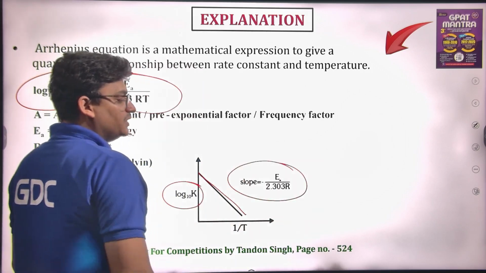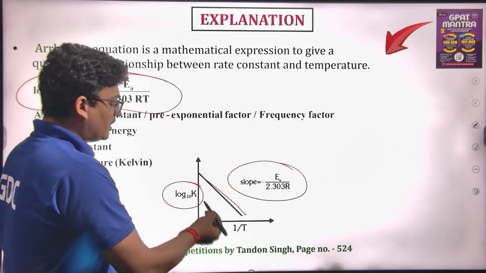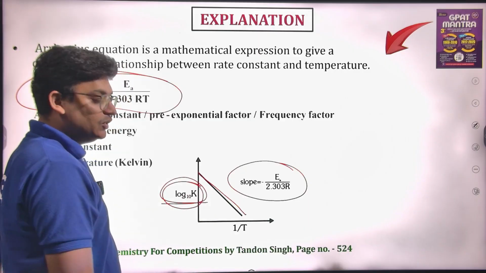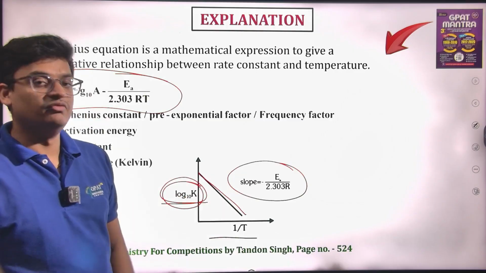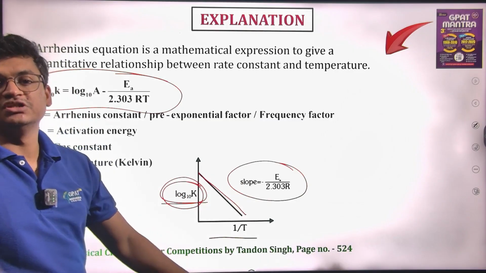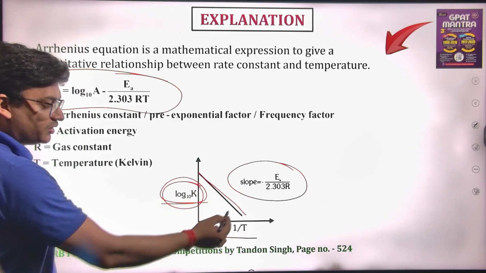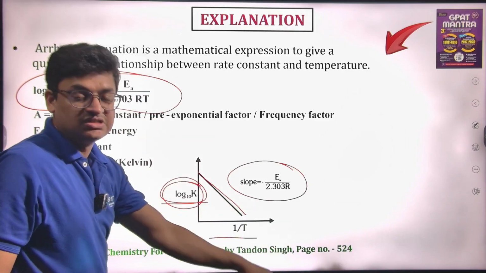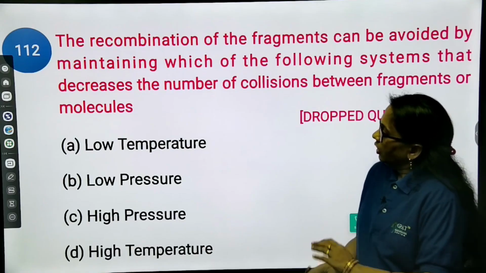So the slope is equal to minus EA upon 2.303 R, if we are plotting a graph between log10 k and 1 by T. So we are getting this value of slope, minus EA upon 2.303 R, since you can see the slope is in the decline phase. So that is the right answer.